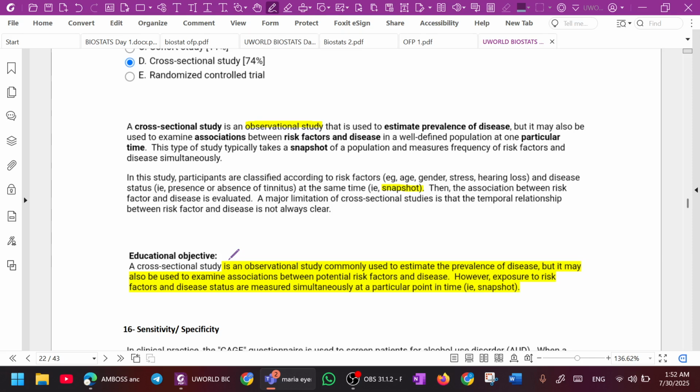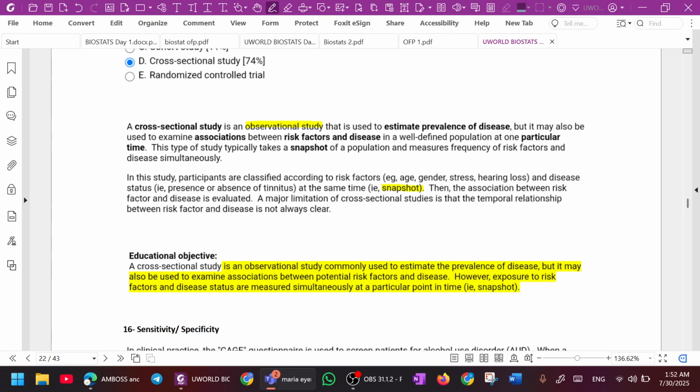Then the association between the factor and the disease is evaluated. A major limitation of cross-sectional study is that the temporal relationship between the risk factor and disease is not always clear. Makes sense. Yes. Okay.